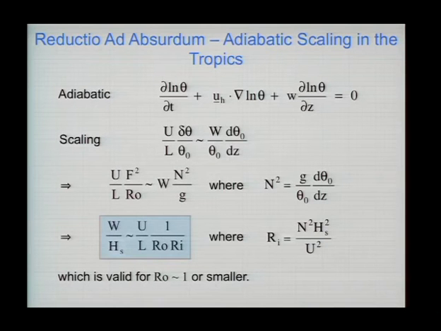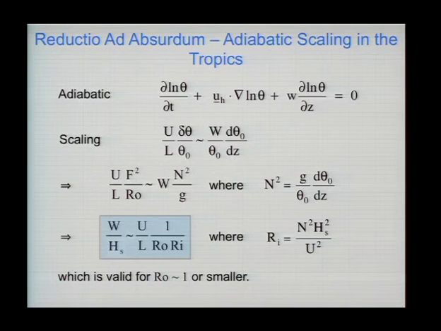Let's do a scale analysis again, another back of the envelope calculation. If you differentiate a log, what do you get? 1 divided by. So the derivative of log of theta is 1 over theta, and the derivative of log of theta with respect to t is 1 over theta d theta dt. So the derivative of log gives us a change in theta divided by theta.